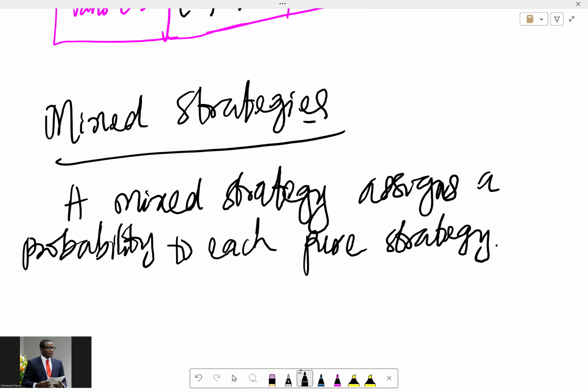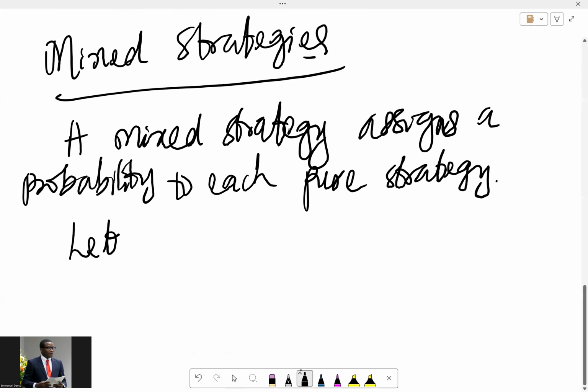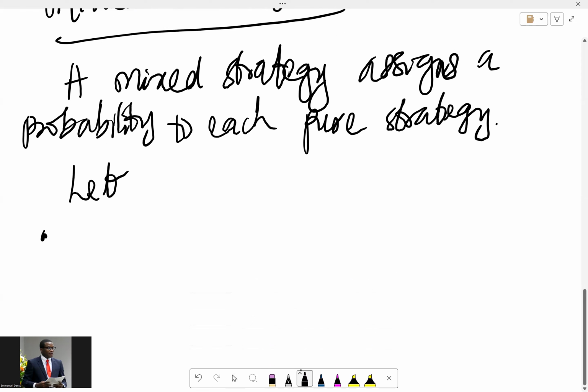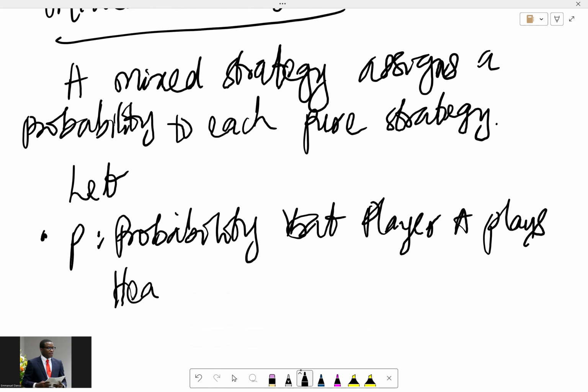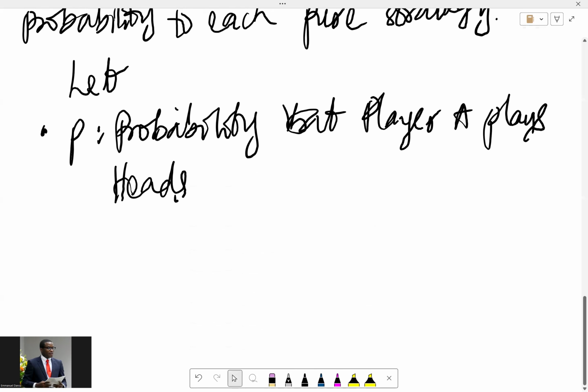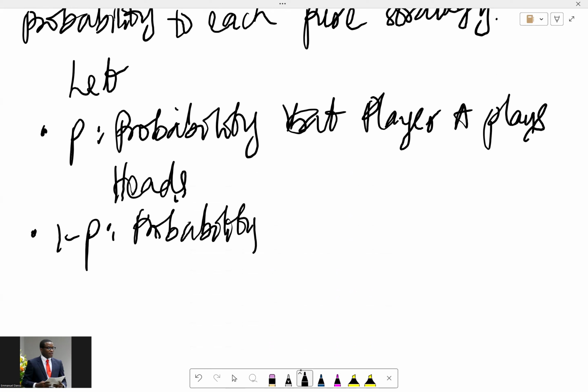So in this case, let small p be the probability that player A plays heads. Then automatically that would mean that 1 minus p is the probability that player A plays tails.